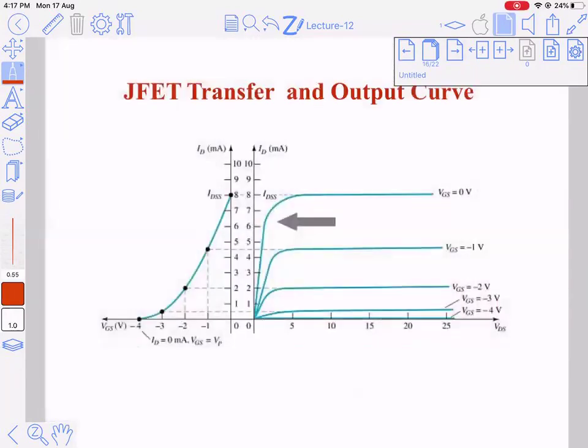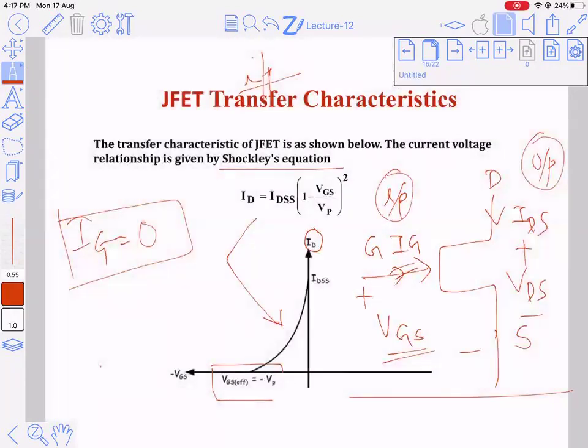So you have only one current in the circuit, and that current is your drain to source current, ID. Whether you plot input, this side is the input characteristic, this side is the output characteristic. Input is plotted with respect to not IG but IDS itself, because VGS controls this current. If you look at this graph, it is controlling the current.